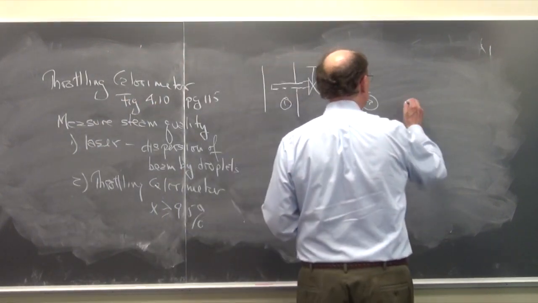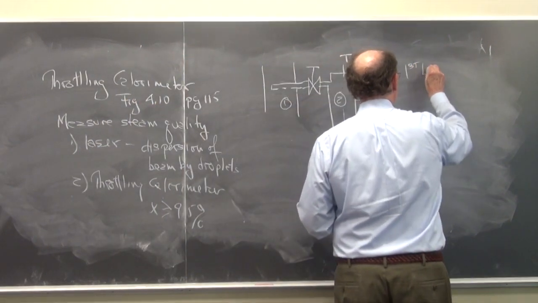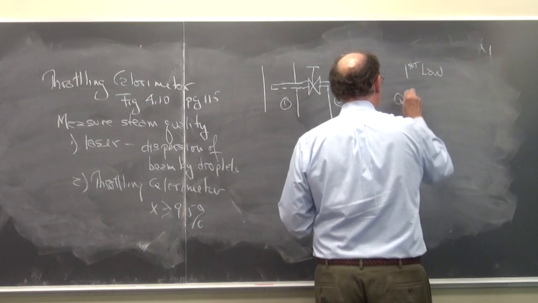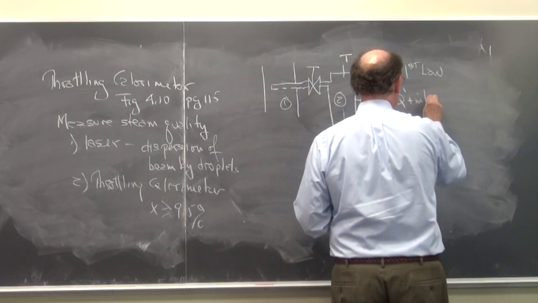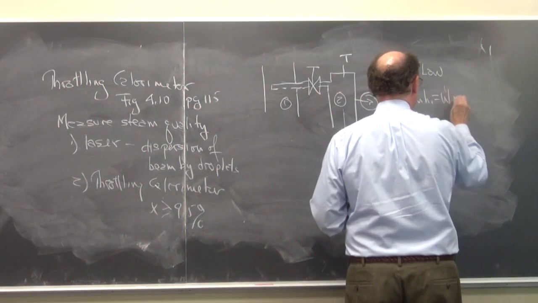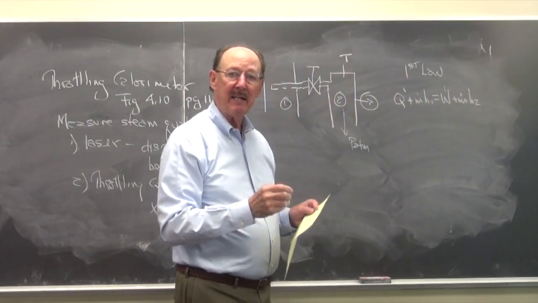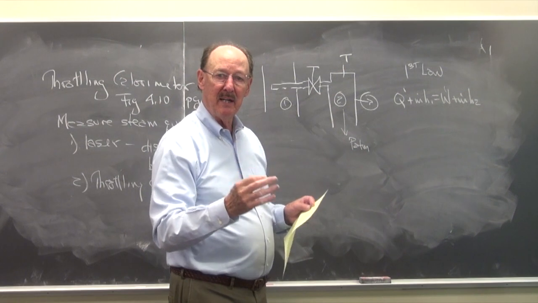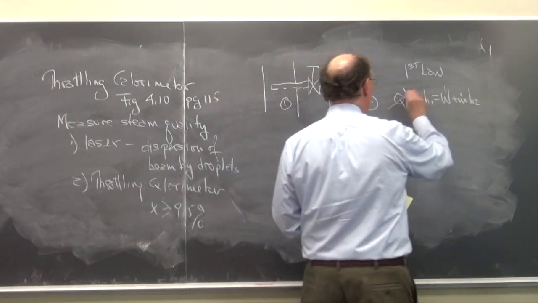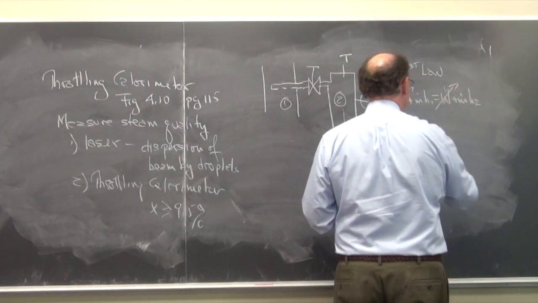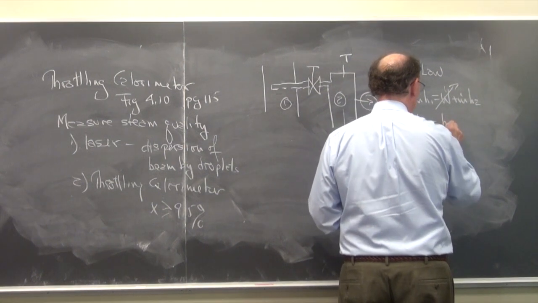So if I look at this first law, I have Q dot plus m dot h1 is equal to W dot plus m dot h2. It's adiabatic, there's no heat loss, there's no work done, and so I have that h2 is equal to h1.